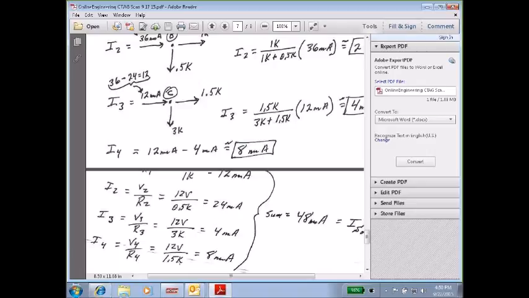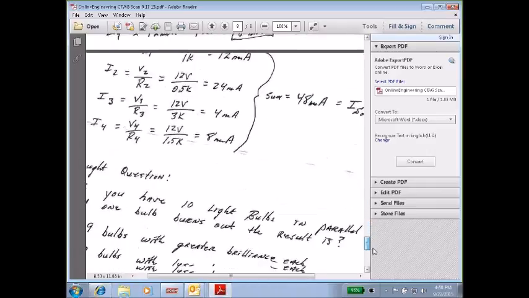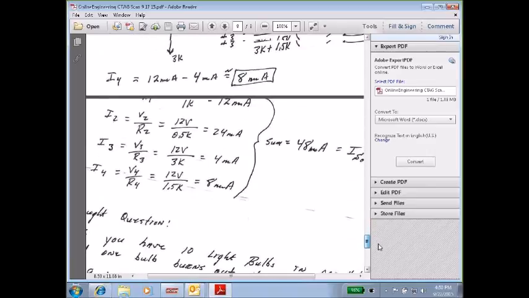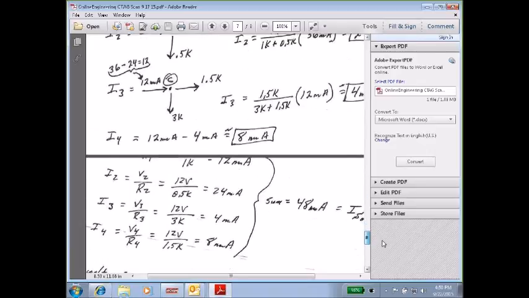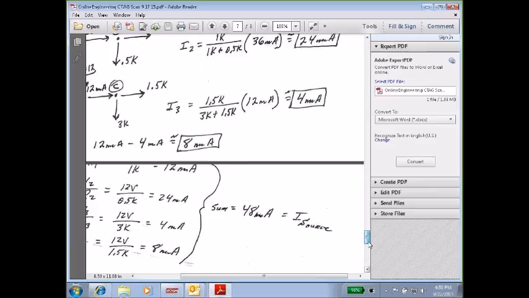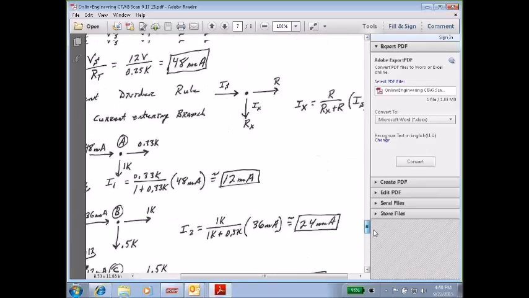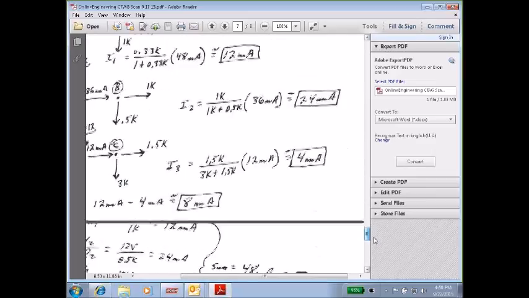I3 is 4 mils. I4 is 8 mils. Now, I found the current using two different methods. I used the current divider rule, and then I used Ohm's law. And we see that we have the same answers in both cases. So I use that to check myself.